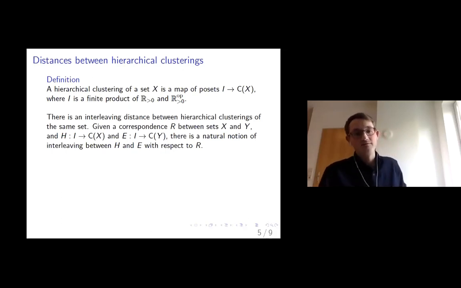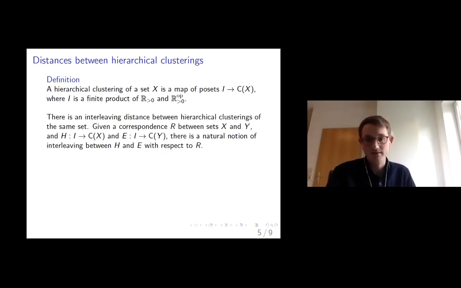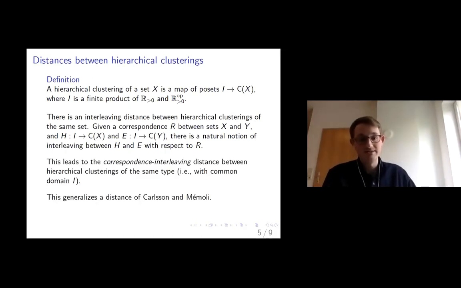And if I fix a correspondence R between 2 different sets X and Y, and H is a hierarchical clustering of X, and E is a hierarchical clustering of Y, then there is a natural notion of interleaving between H and E with respect to R. By optimizing over all correspondences, we get a distance, which we call the correspondence interleaving distance, between hierarchical clusterings of different sets, but of the same type, with the same number of parameters and the same covariance and contravariance.